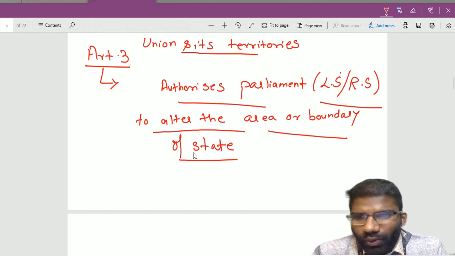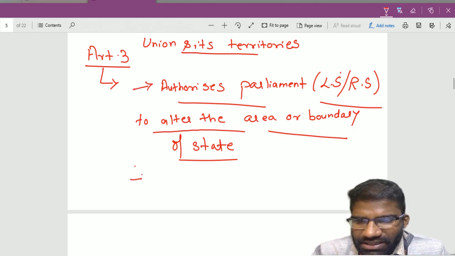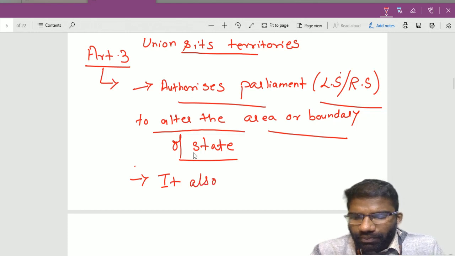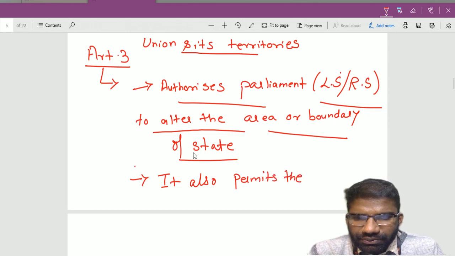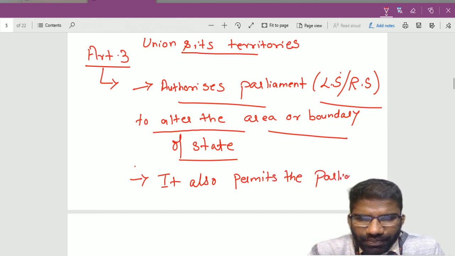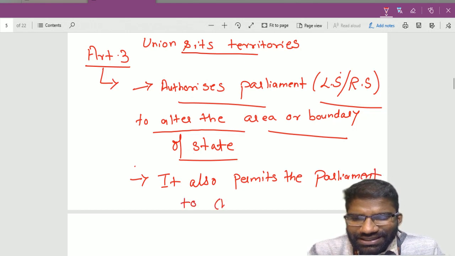This is point number 1. And it also permits the Parliament to change the name of a state.